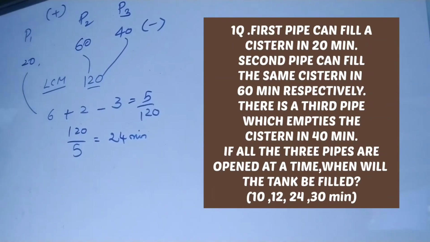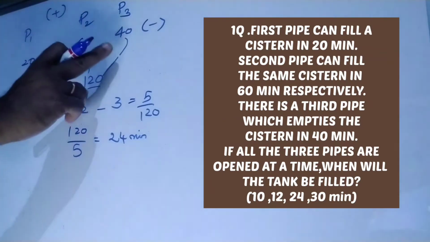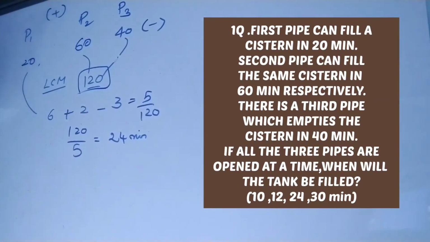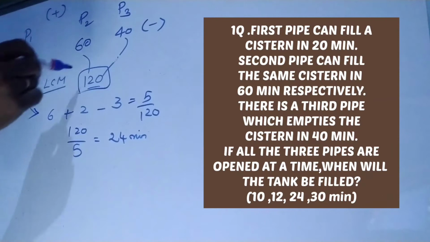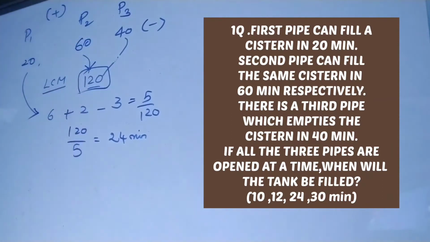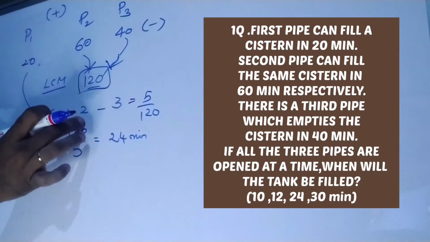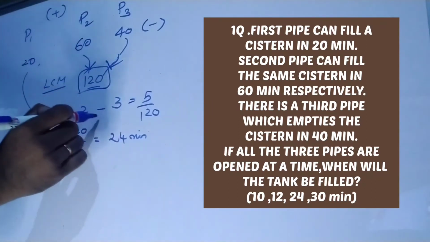Here the question is, pipe 1 can fill a tank in 20 minutes, pipe 2 can fill the tank in 60 minutes, pipe 3 can empty the tank in 40 minutes. All are open at a time. So the best method is to take the LCM of the 3 numbers, that is 120. 20 into 6, 120, 60 into 2, 120, 40 into 3, 120. Both are filling, 6 plus 2, 8. One is doing minus 3.